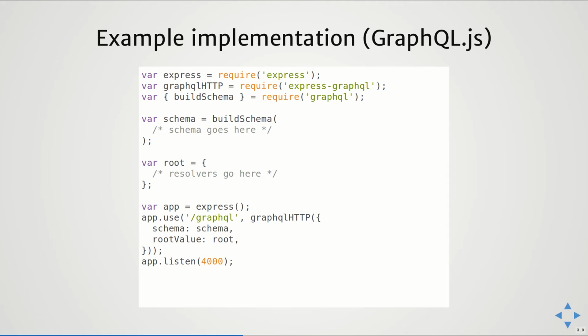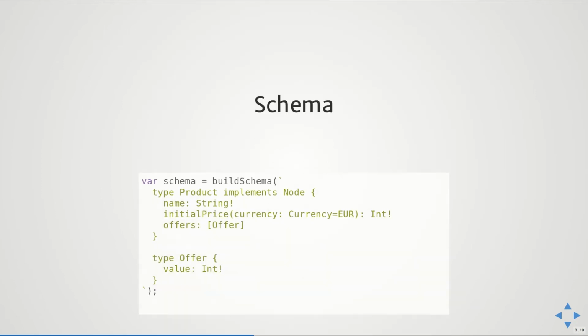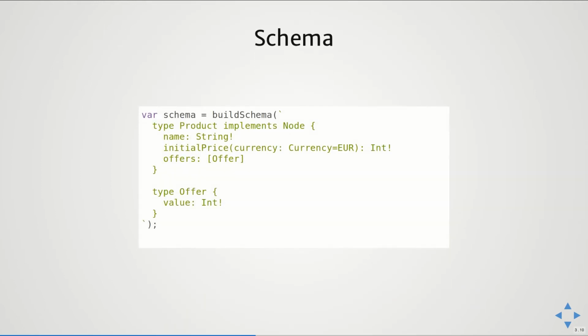So two things worth noting here: I'll go to the schema and root in a couple of slides, but plugging it into the application and running it is pretty simple. The schema is the same thing that we saw on the slides above, which defines what your API looks like and what to expect in the response.